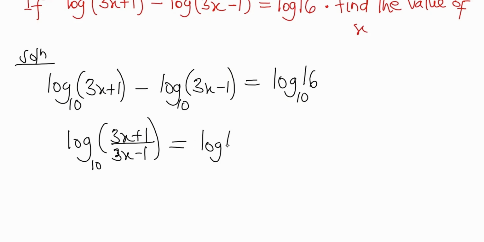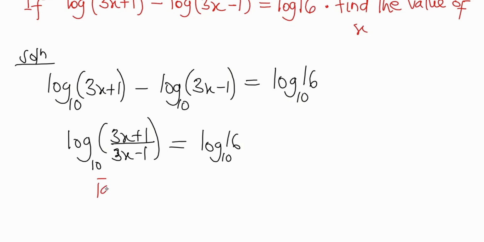This is equal to the logarithm of 16 base 10. Now what we can do here is to take antilog of both sides. Just like we did earlier, taking antilog of both sides means that the logarithms are going to be taken away. This happens when there is an equal sign and there is no other term apart from what we see here.